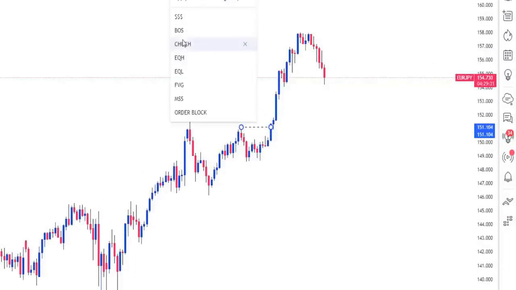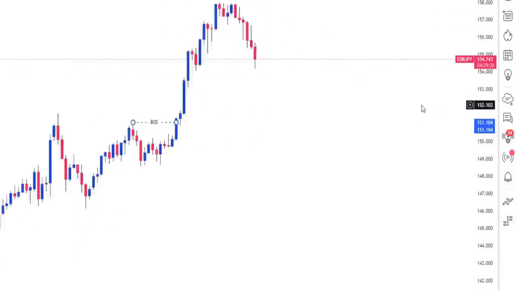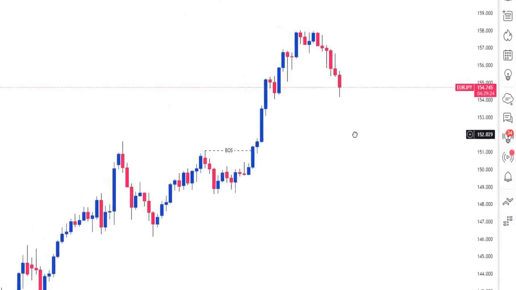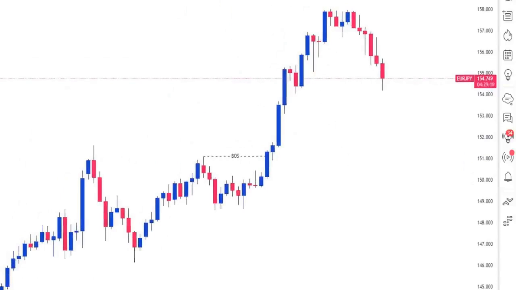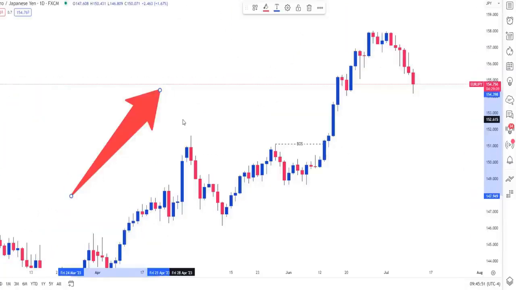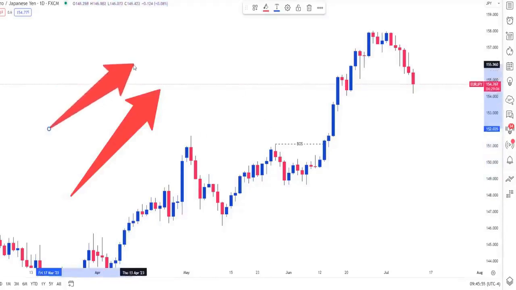For those of you who are watching this, please pay attention to every single detail I'm going to show you. Even if you know how to do this, you're going to learn something new right here. So this is it, a break of structure. I know that I am in a bullish market from the weekly, and that is very interesting. Secondly, the daily time frame is also bullish, and I have a break of structure from the daily time frame.